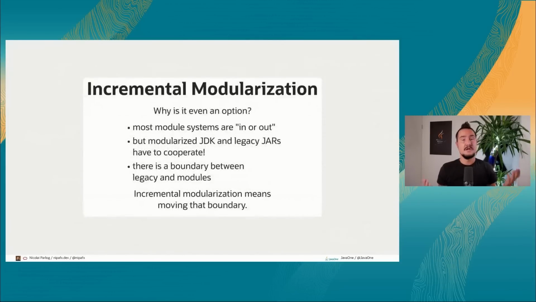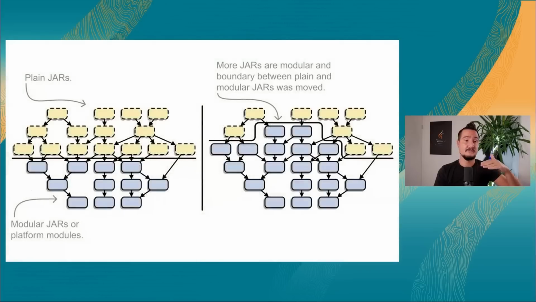So why is it even an option? Most module systems are either everything is a module or the module system doesn't work. But when the JDK was released with modules, the JDK was modularized, but everything on top wasn't. So by necessity, there had to be a boundary between the modularized code in the JDK and the non-modularized code everywhere else. And this boundary between modules and the legacy systems can be moved. And that's what incremental modularization is about.